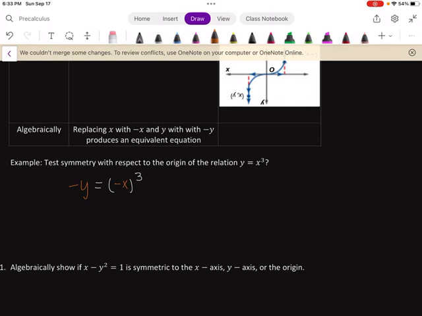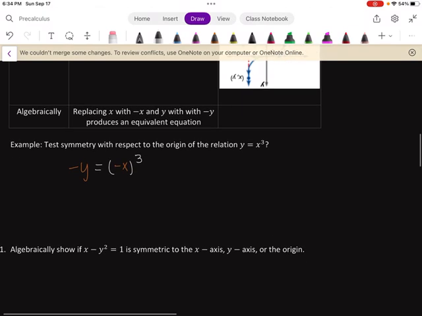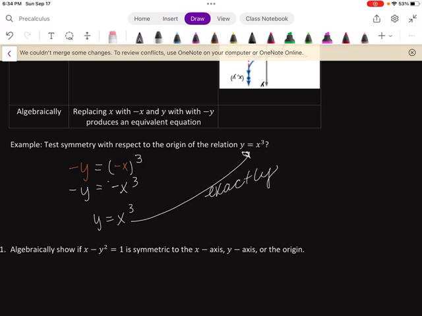So negative x cubed is negative x cubed. And then we have this negative y over here. If I divide both sides by -1, it'll be y is equal to x cubed. So in fact, it is exact, right? Exactly. So yes, it is symmetric with respect to the origin.